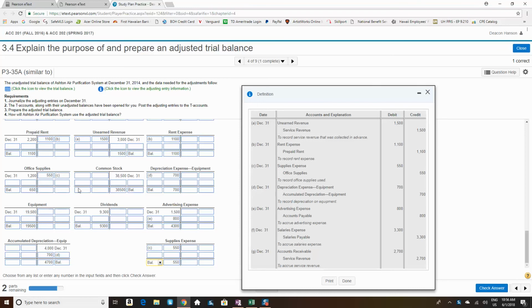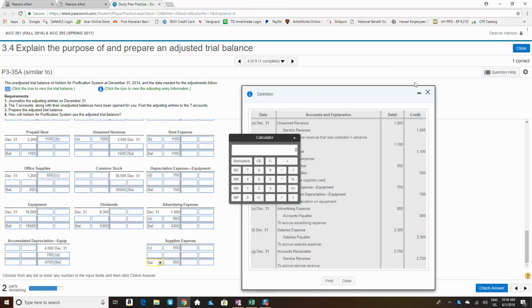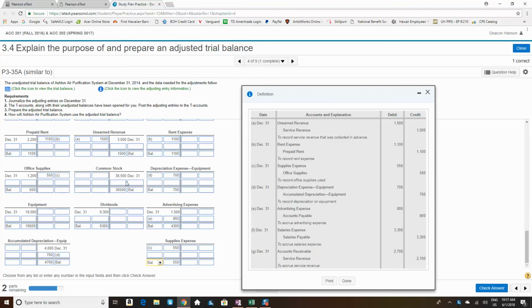From entry C, there's a $550 credit. Started with 1,200, so if you subtract the two, $650 balance, office supplies.